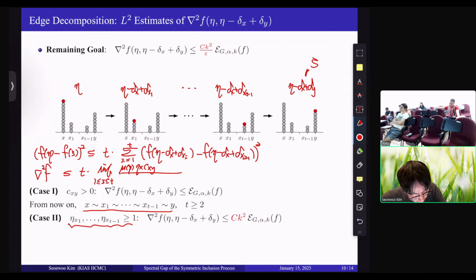So it will be something like this, with mu of the configuration, and then the rate from here to one step forward.